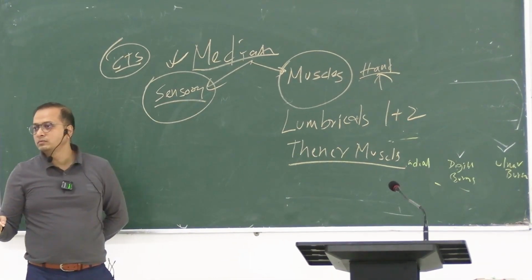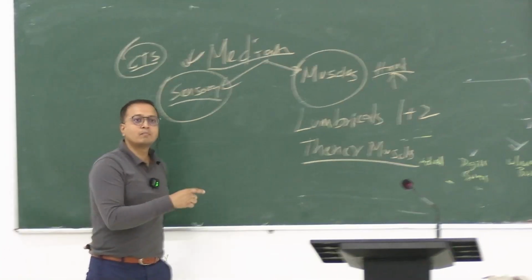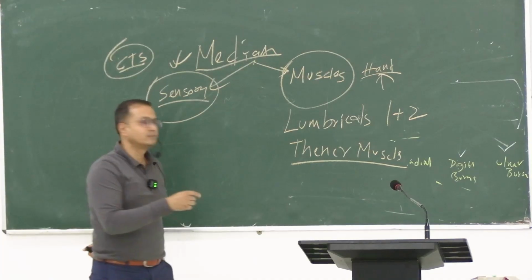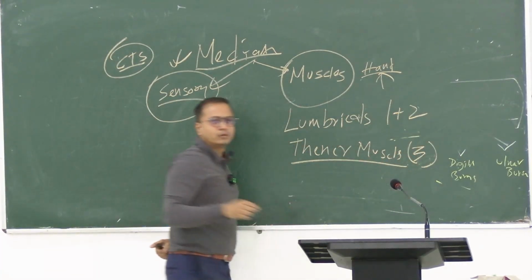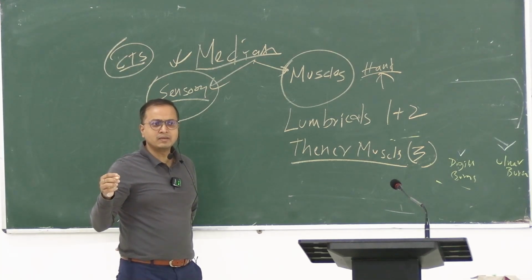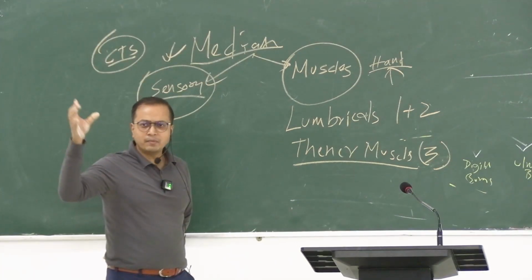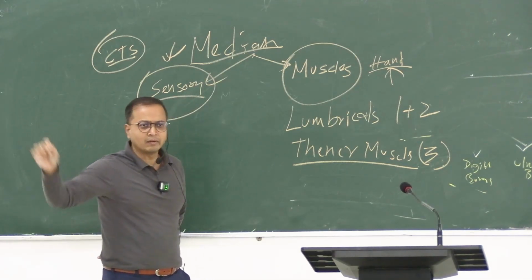How many thinner muscles are there? Do you know the names? Abductor pollicis brevis, flexor pollicis brevis, opponens pollicis. So three of them.